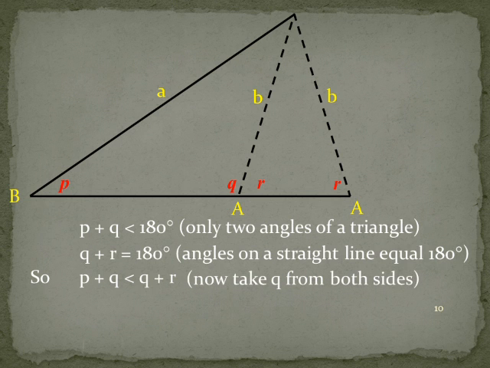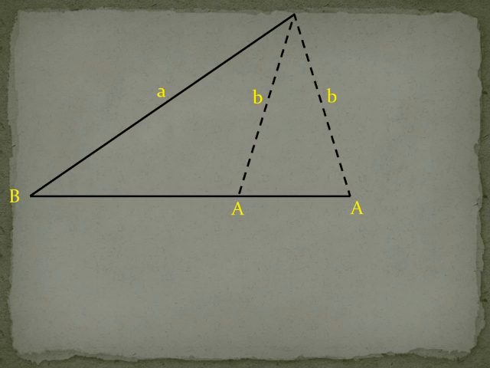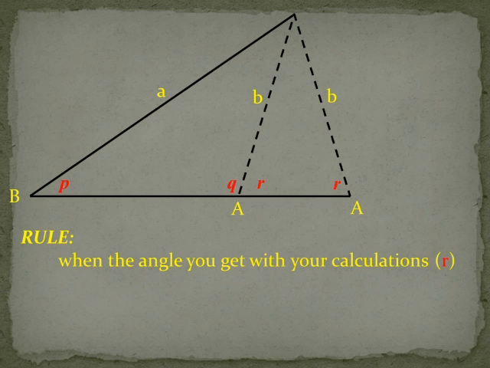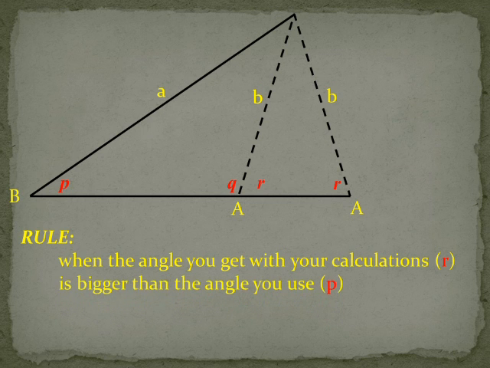Take Q from both sides, we have P is less than R. So if we've got this, you've got an ambiguous case when, first off, the side, such as B, is shorter than the side that's A, and the angle you get with your calculations when you do them is bigger than the angle you use in the equation that you solve. Simple.